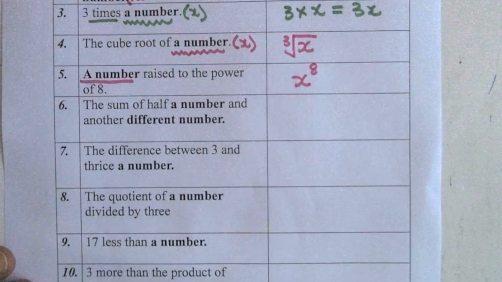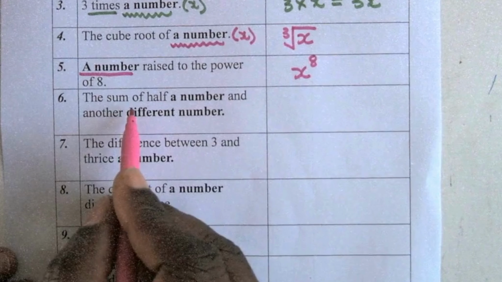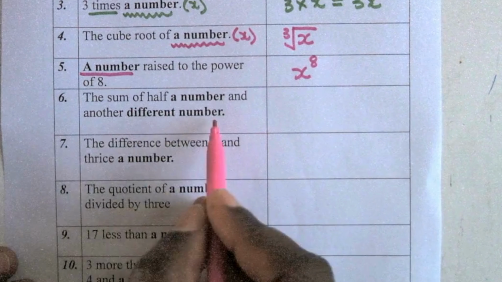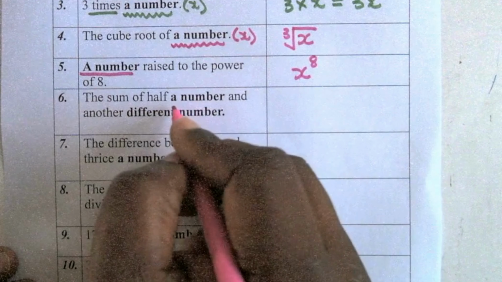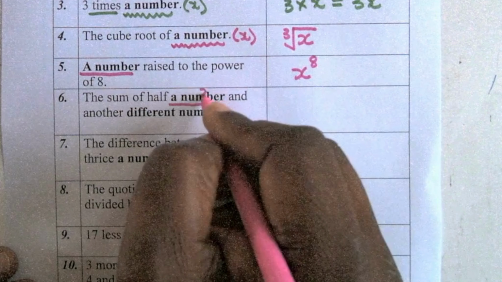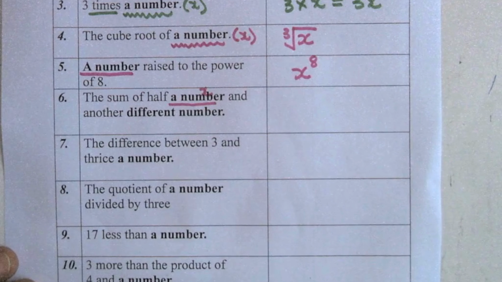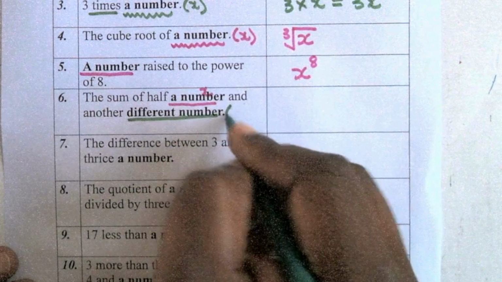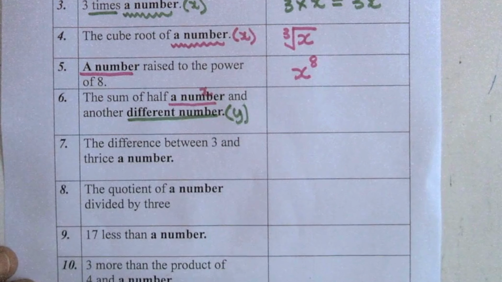In the next question, the sum of half a number and another different number. So I'm going to call my first number here X, and then I'm going to call my next number here Y. Let's connect this statement into an algebraic expression.